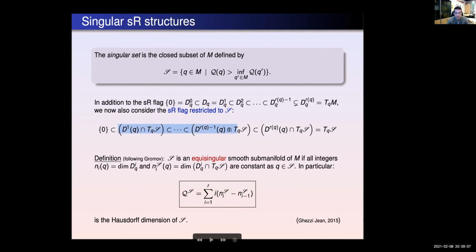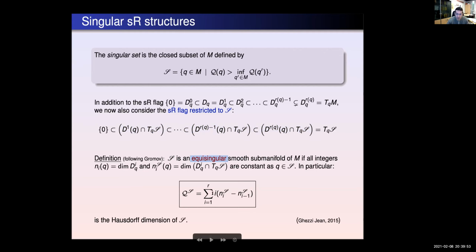This is exactly the meaning of this filtration here, because we have to take into account how the successive Lie brackets behave with respect to the tangent space at the singular set S. Following Gromov, who introduced this definition at the end of the 90s, we say that S is an equisingular submanifold of M if all dimensions, the dimensions of the usual filtration and also those of the filtration restricted to S, are constant. In that case, we say that S is equisingular.